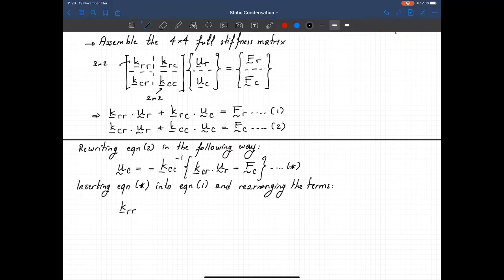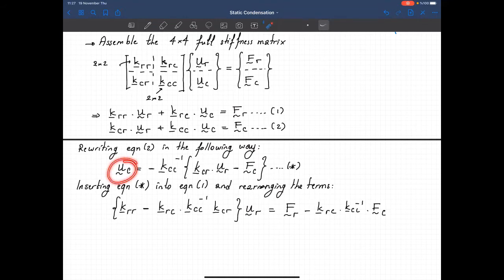Now KRR minus KRC Kcc inverse KCR multiplied by UR is equal to FR minus KRC multiplied by Kcc inverse multiplied by Fc.